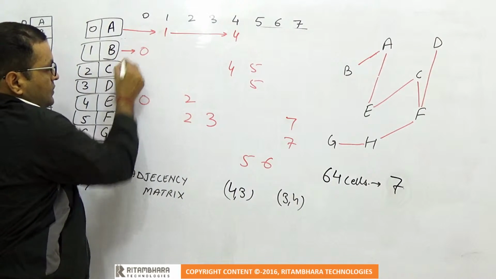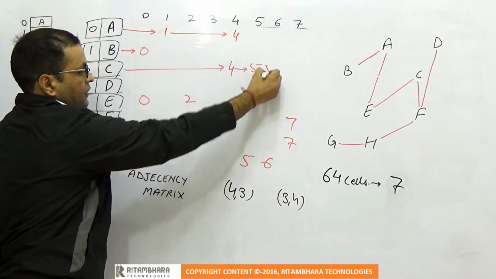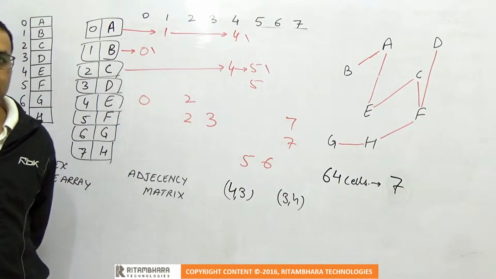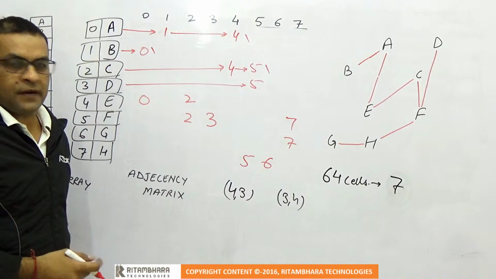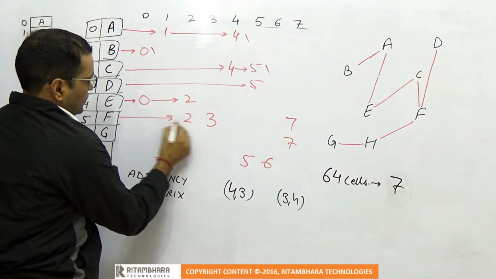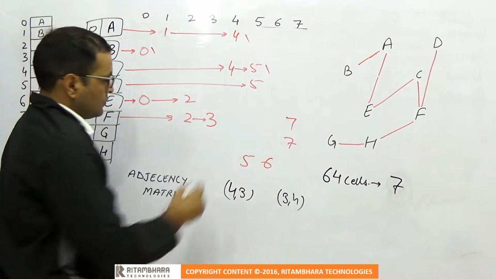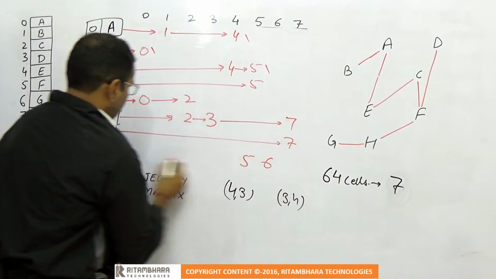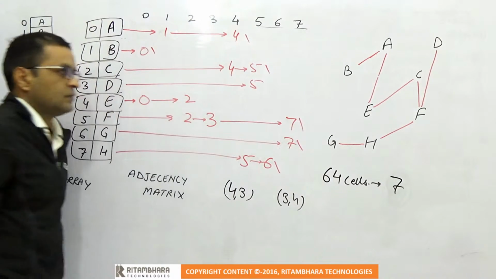The next of B is 0, the next of C is 4, the next of 4 is 5, the next of 5 is null, the next of 4 is null, the next of 0 is null, right? So the next of D is 5, D's next is 5, E 0, then 2, 2, 3, 7, G 7, this and later null, right?